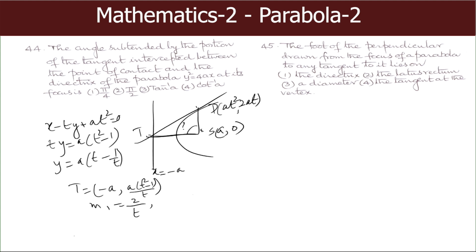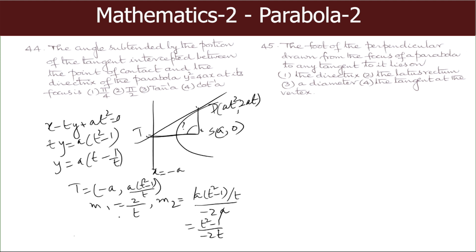Slope of ST: this is a into t square minus 1 by t, by minus 2a. a and a get cancelled: t square minus 1 by minus 2t.